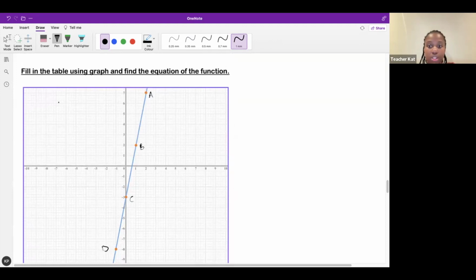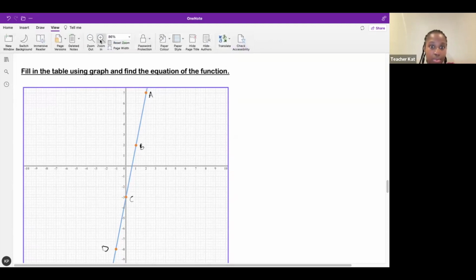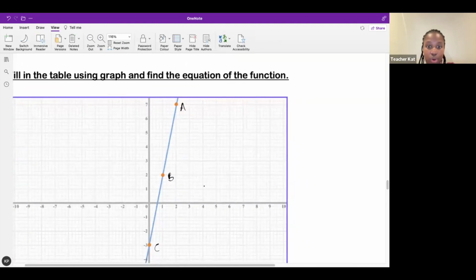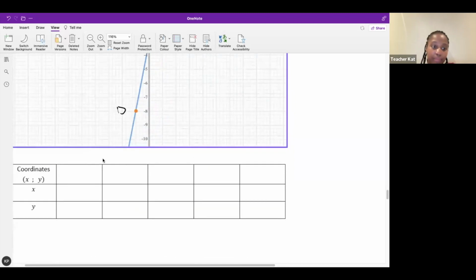What are my coordinates for A? Coordinates for A, if you guys want me to zoom in, maybe so you can see better. There we go. Coordinates for A. Nice, 2, 7. Okay. So the first one, we have a 2 and a 7.